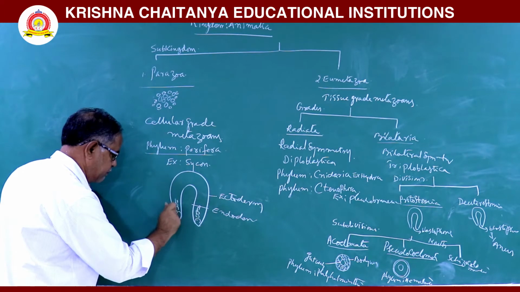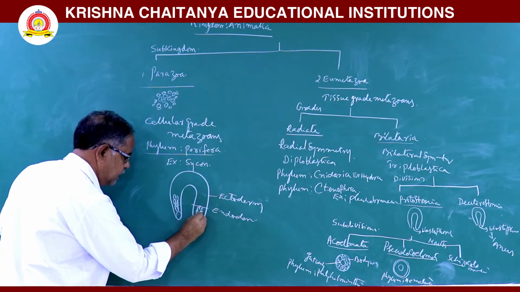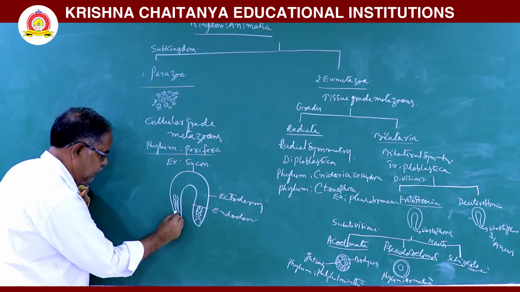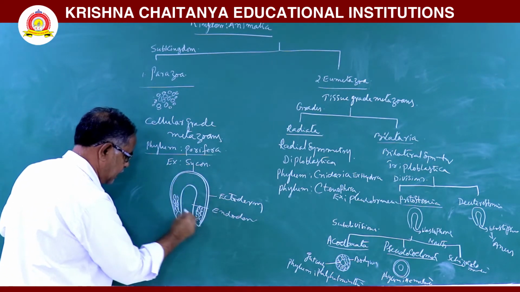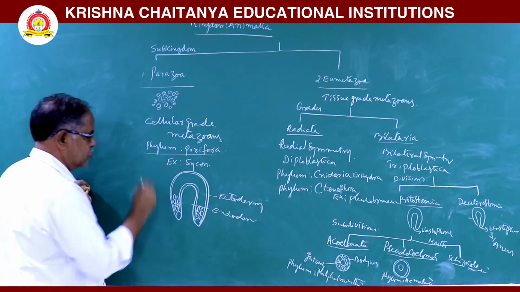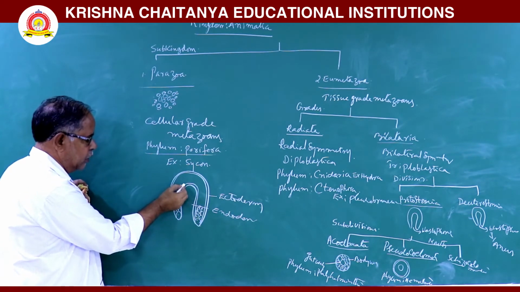This mesoderm strip splits longitudinally and forms two layers. One layer is occupied inside the body wall. Another layer is occupied outside the gut wall. So, here the body cavity is present in between two mesoderm layers.